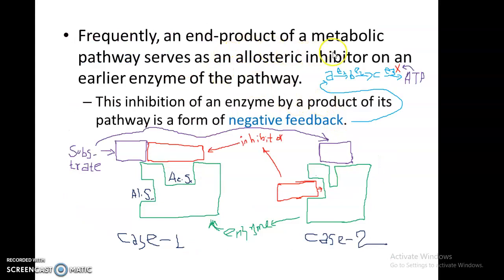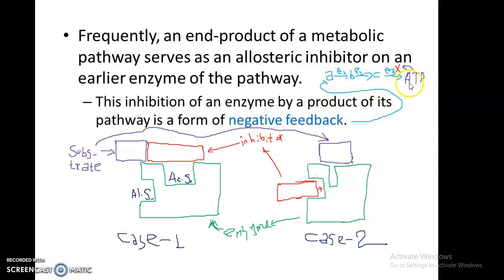Frequently, an end product of a metabolic pathway serves as an allosteric inhibitor on an earlier enzyme of the pathway. This inhibition of an enzyme by a product of its pathway is a form of negative feedback. For example, let's say this is a pathway making ATP. You can consider this as glucose, and finally there will be ATP.